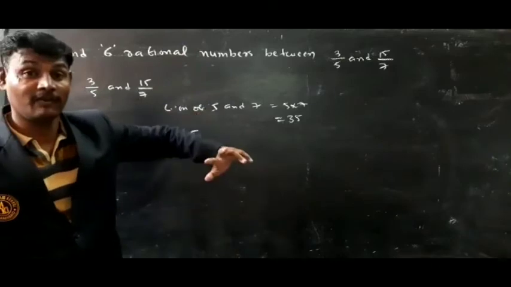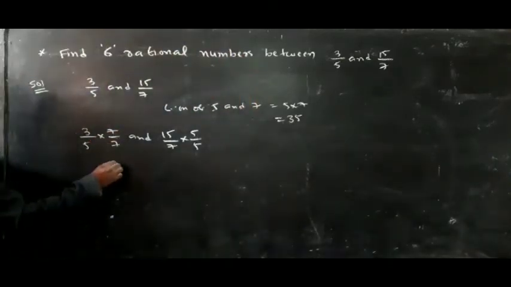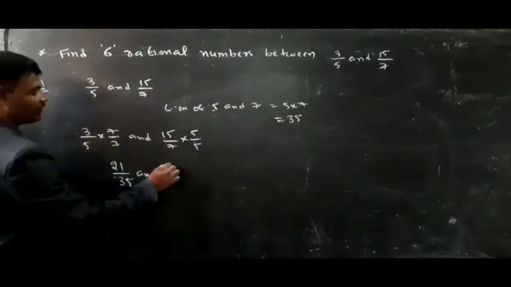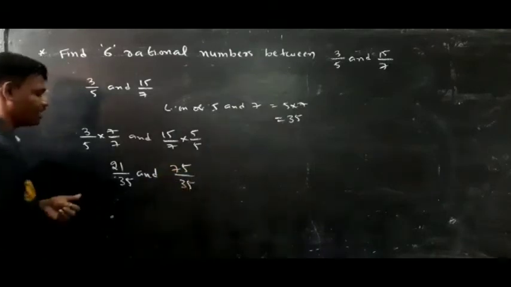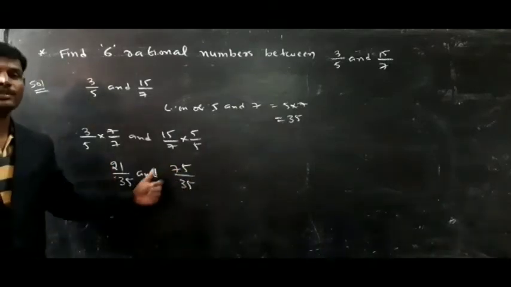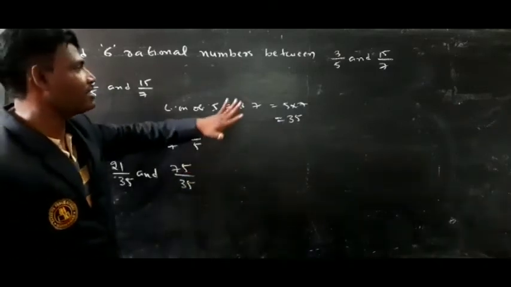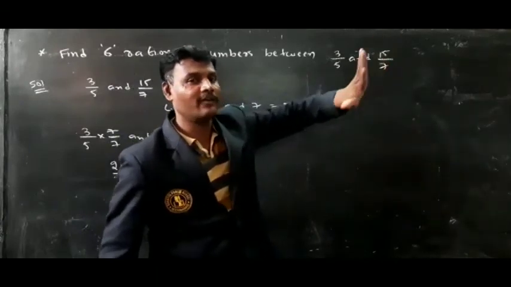I am converting into like fractions. To convert into like fractions I am taking the LCM of denominators. 3 7s are 21, 5 7s are 35 and 15 5s are 75 by 35. Now see here 21 by 35 and also 75 by 35, both are like fractions.